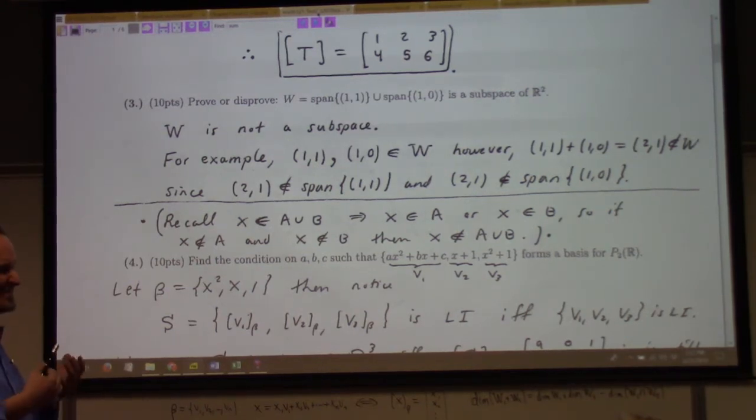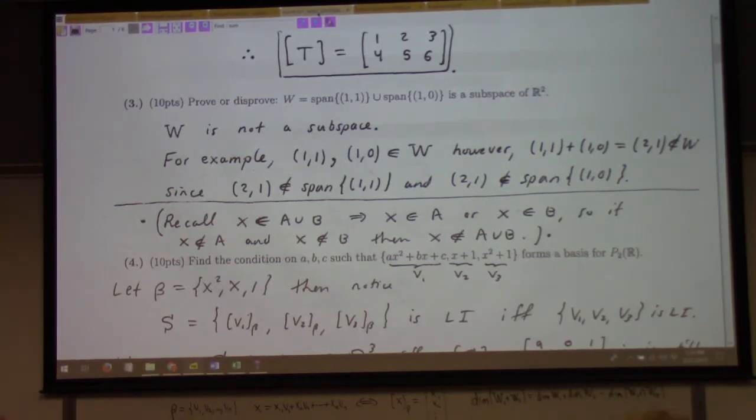But it's not actually a span, it's a union of two spans. And I think that's why you guys got it wrong, because you have to be careful. A union of two things isn't necessarily a subspace. Well, now you know. All right.